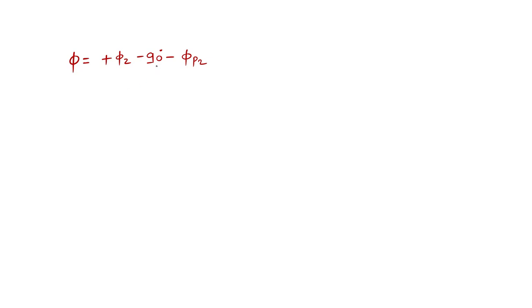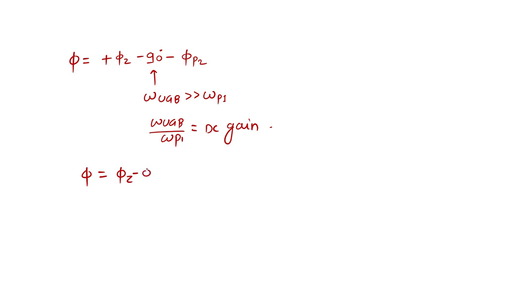This 90 is always holding because we consider that omega UGB is much higher than this omega 3 dB of pole 1, and the ratio omega UGB by omega p1 is nothing but the DC gain. So this term is always 90, so not a problem. But these two should cancel such that we have a better phase margin. So phi z minus phi p2 minus 90 degree.